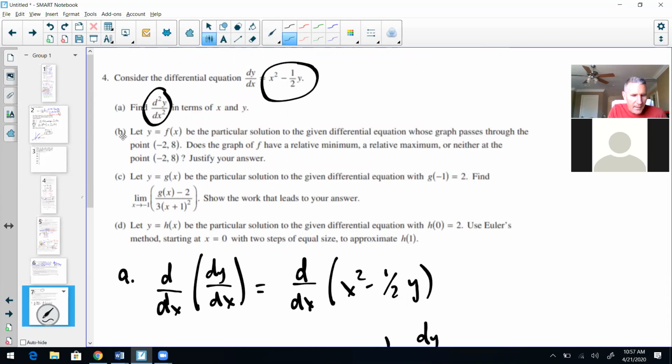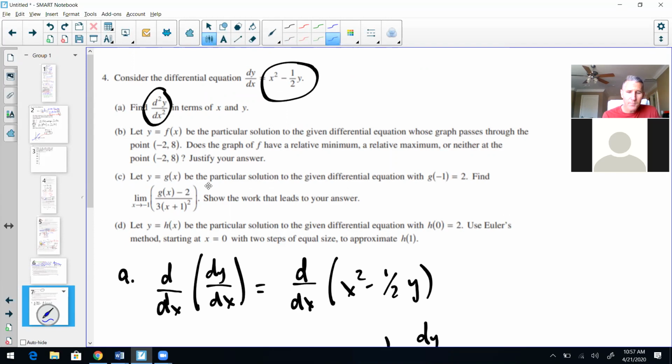Okay, next, part B. Let me go to blue for B. Let y equals f of x be the particular solution to the given differential equation whose graph passes through the point -2, 8. Does the graph of f have a relative min, max, or neither at the point -2, 8?